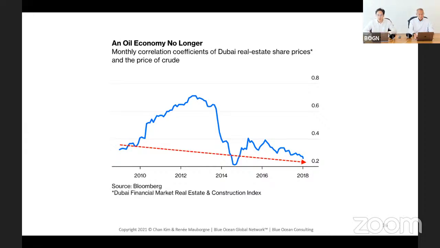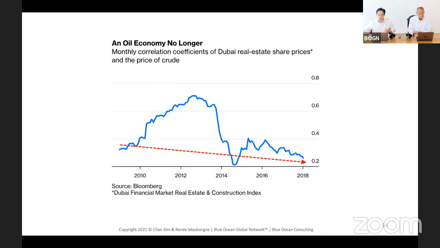Typically, if you are an oil exporter, your real estate property prices are strongly correlated to oil prices. But this chart shows that even before 2010, Dubai's real estate prices already had a very low correlation to the price of crude oil. It was less than 0.4. Over the years it's gone up a bit and down, but generally it has gone down. Now it is less than 0.2.